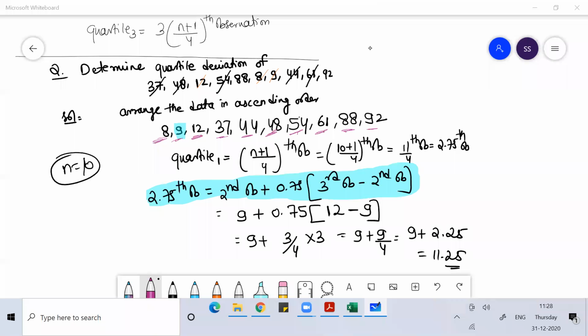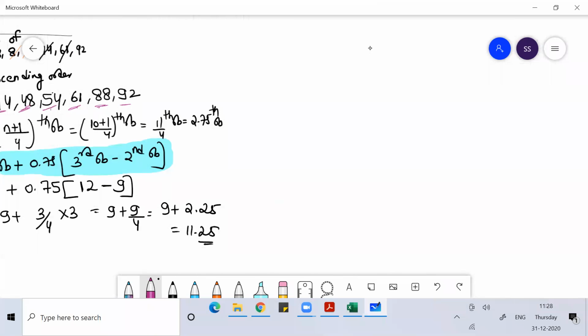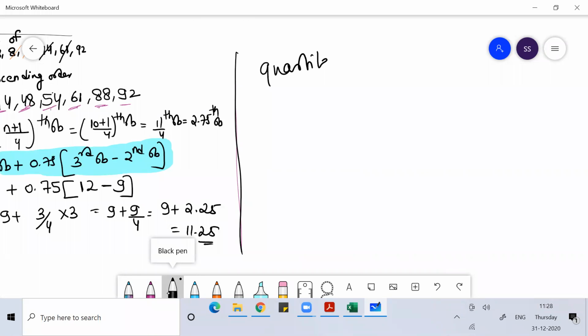I hope everyone understood quartile 1. Once you understood quartile 1, we can find quartile 3. Quartile 3 means 3 into (n plus 1) by 4th observation.